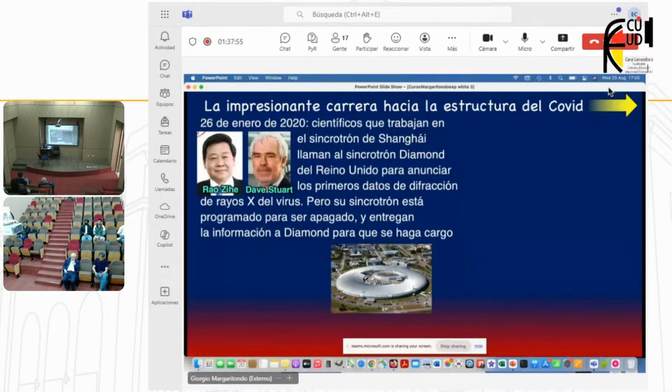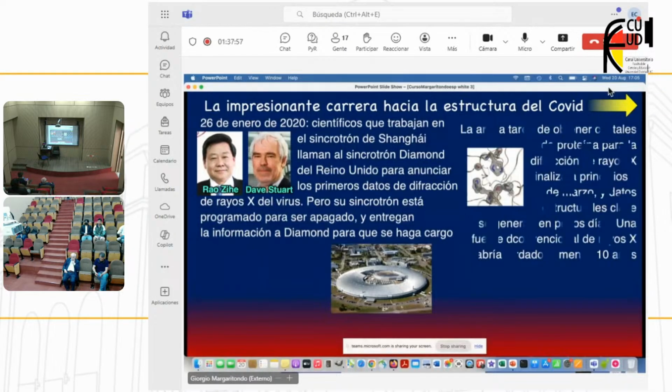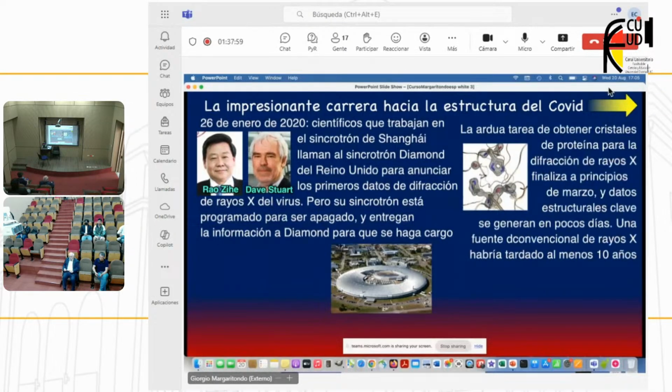And of course, Diamond took the challenge. In a few weeks, they were able to solve the practical problems, for example, to get the first crystals of proteins that were large enough in order to perform crystallography, that is X-ray diffraction, as we shall see later.